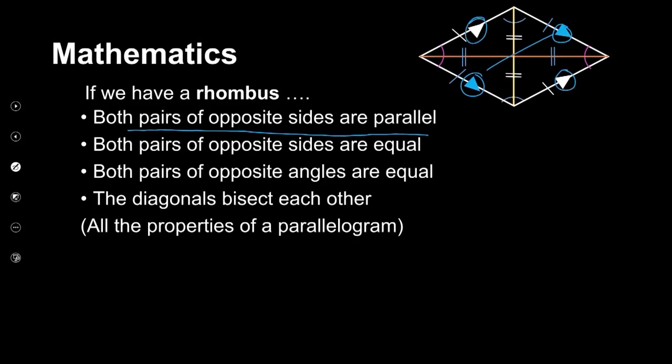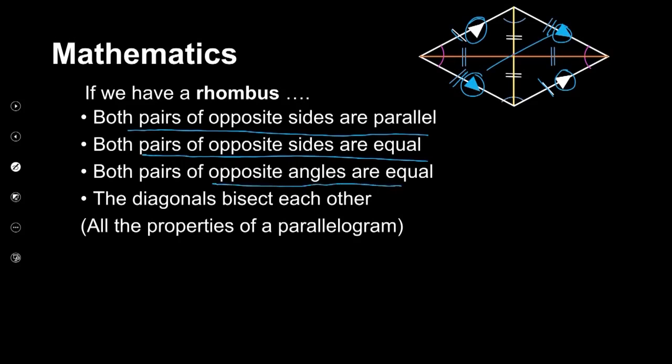Also, those pairs are equal to each other, making this equal to that and this equal to that. Then the other interesting thing is that opposite angles are equal.